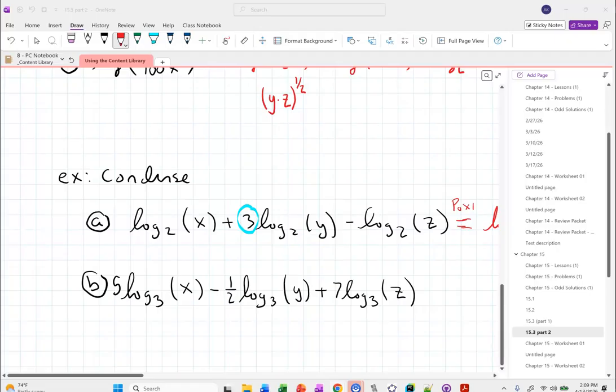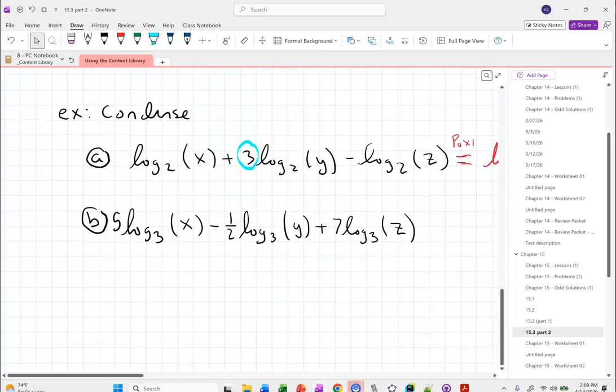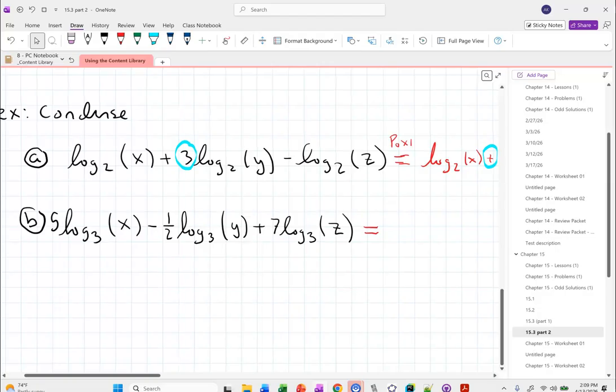All right. So here's our next example. We're condensing. What is our first thing we're going to look for when condensing? Power property. How many power properties do we see?